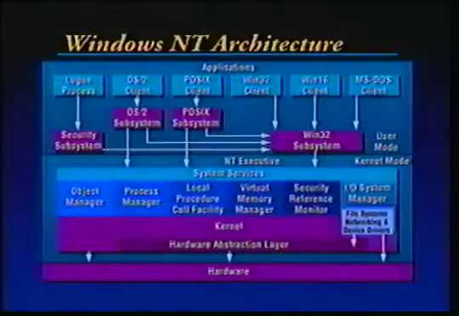Okay, here we have, I guess, the full-fledged picture of the Windows NT architecture, showing at the top all of your environmental subsystems as well as down below the parts of your executive. Let me go over to the monitor for a second and just point out some of these things.